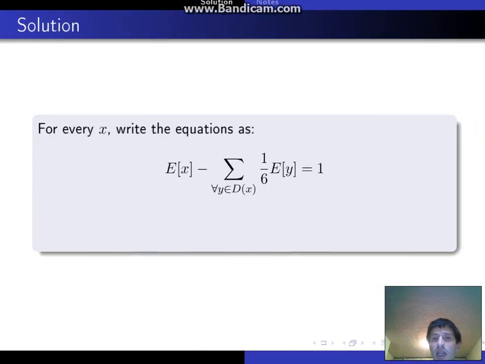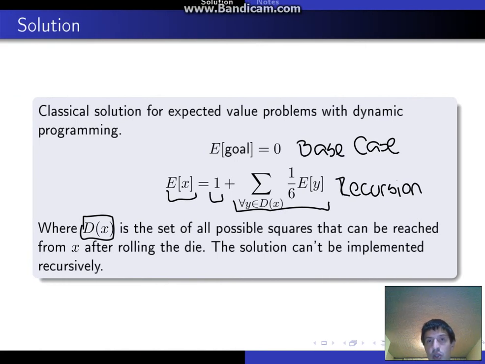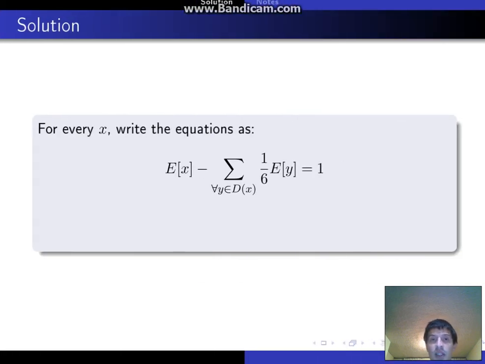So basically what we have here is the same equation that we had before, but you take the sum and move it to the other side with a negative sign. That's what I'm showing here. When you do that, you notice that this is an unknown, and this is an unknown too.